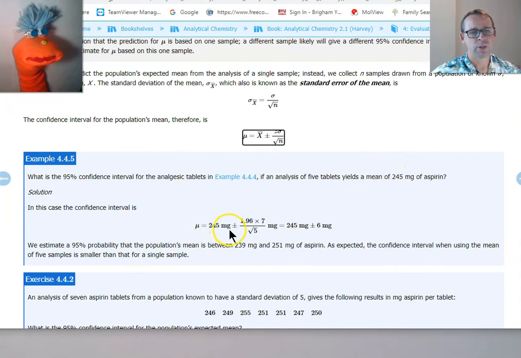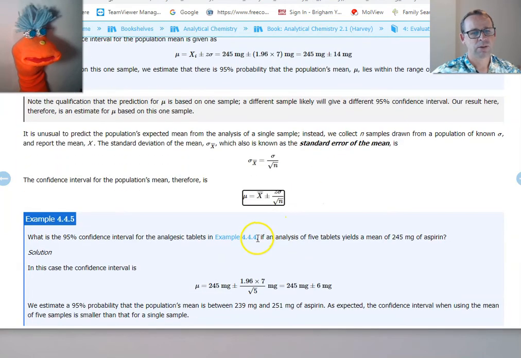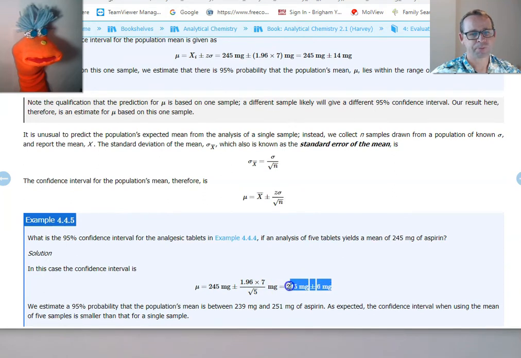We take our 245 plus or minus the standard deviation, from this example in 4.44, which was 7. Then 245 plus or minus the standard deviation times 1.96 over the square root of 5 gives us 4.5 milligrams, with a plus or minus 6 milligrams. All right.